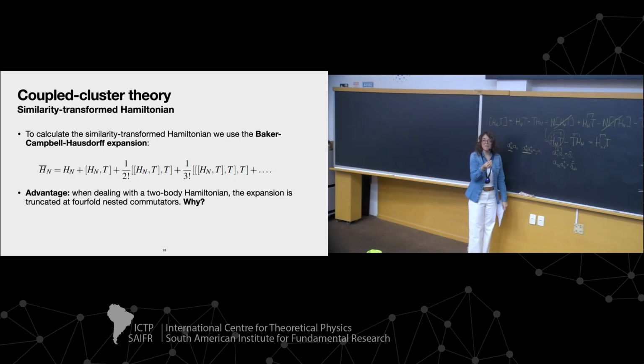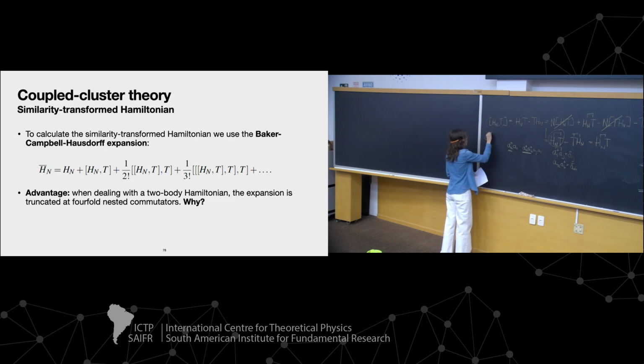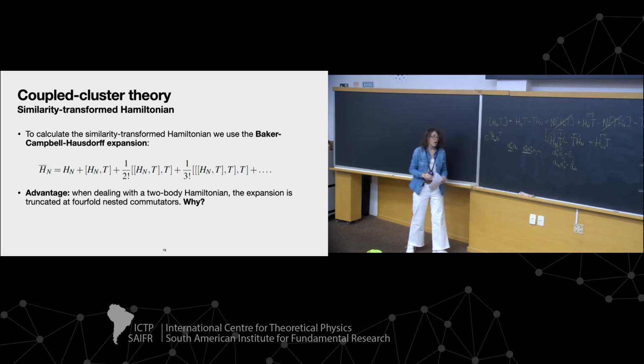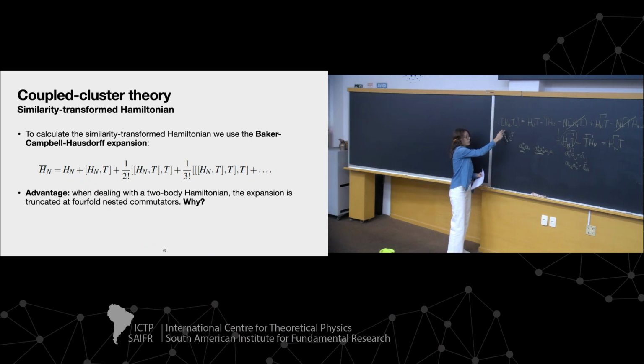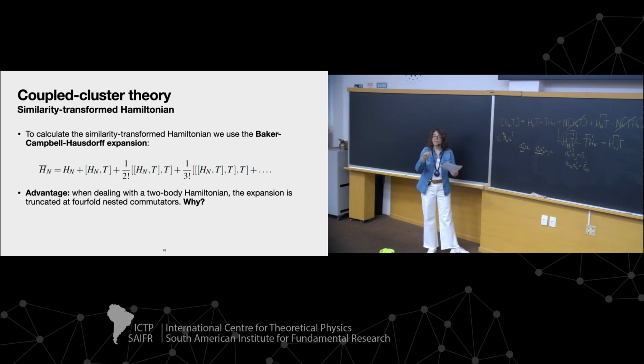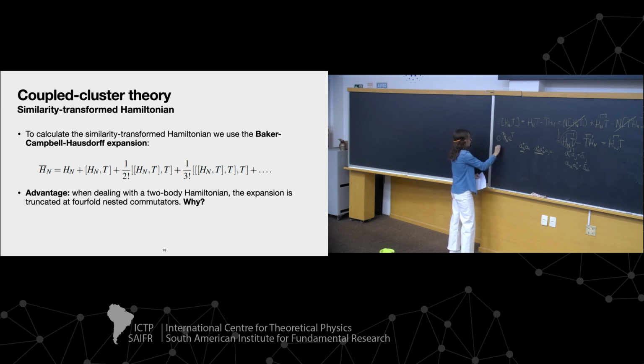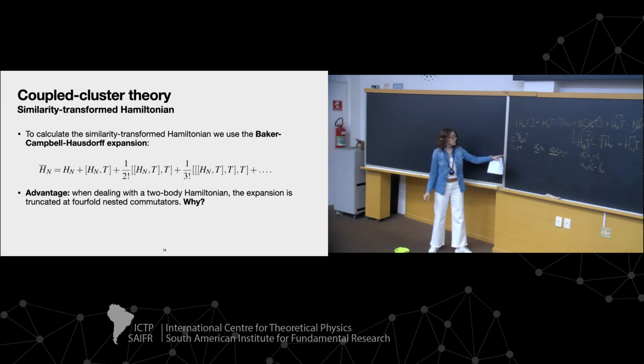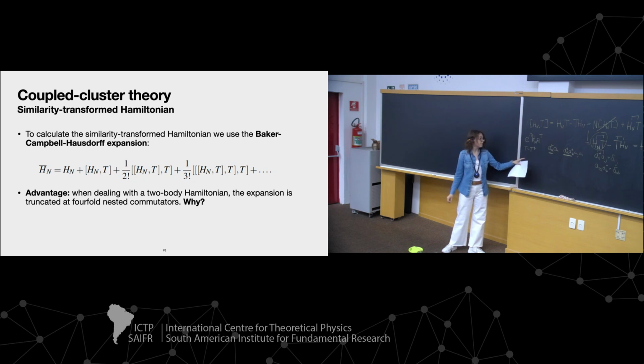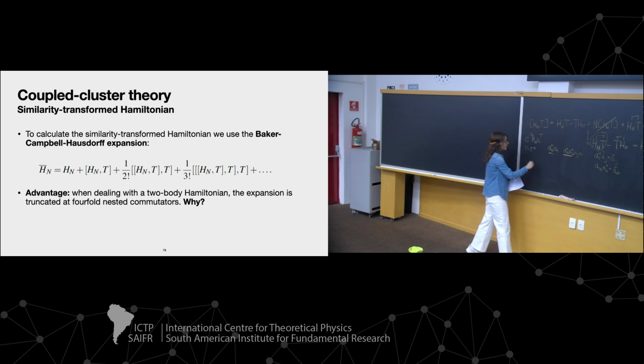If we have a unitary transformation, if we want to make our similarity transformation e to the minus T, H_N, e to the T unitary, we need to have a unitary operator here. And so we can think about something like T minus T dagger. And as I showed yesterday, I think, T dagger is actually a de-excitation operator.